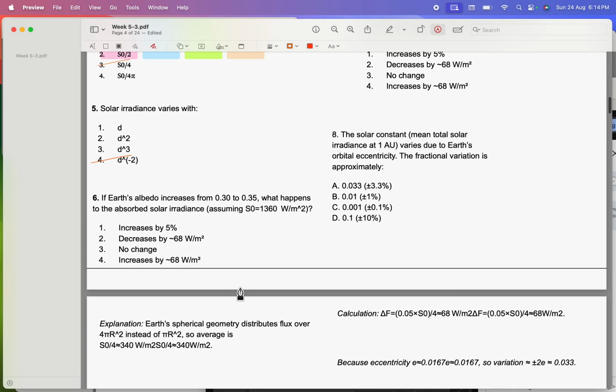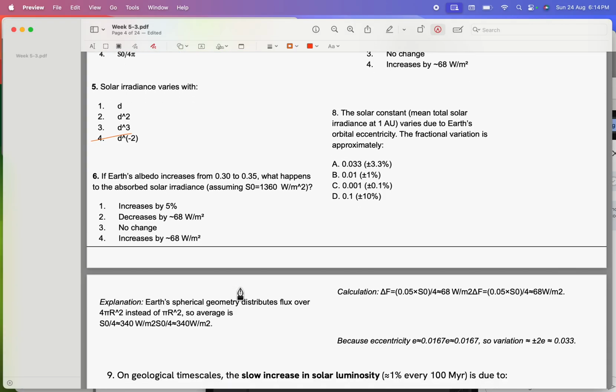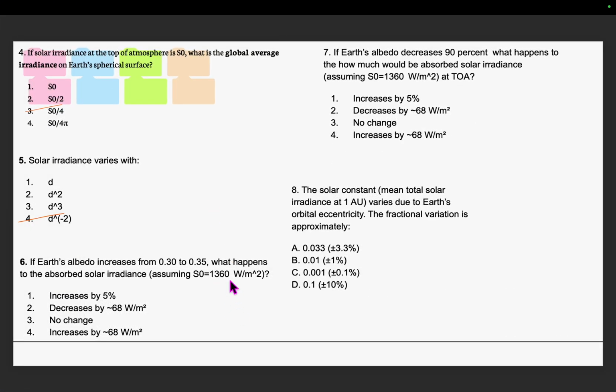Question 6. If Earth's albedo increases from 0.3 to 0.35, what happens to the absorbed solar irradiance? Assuming that S0 is 1360 watt per meter square. So S0 is our incoming solar flux.